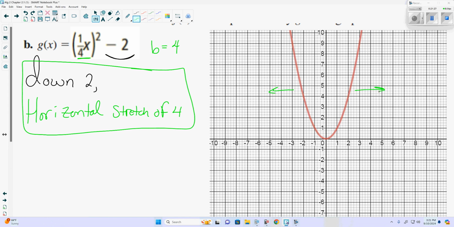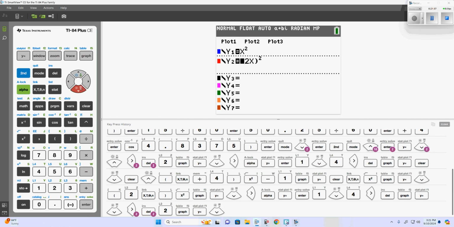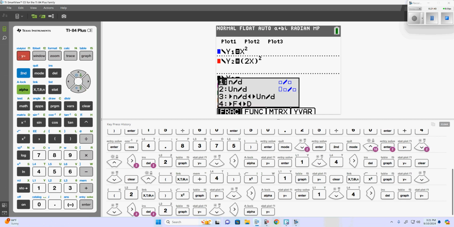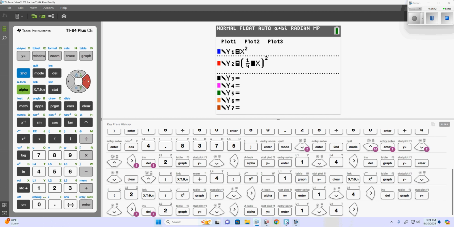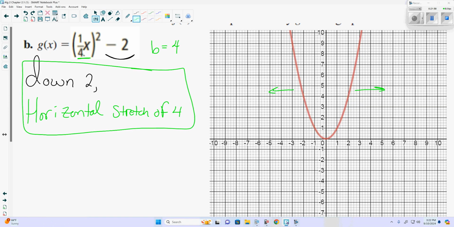That means that this graph is going to open up wider than the original one. If we graph this other one, we can see that the one in red does indeed open wider than the one in blue. So the horizontal stretch does make it a wider graph. Questions on this here? We ready for the next one?